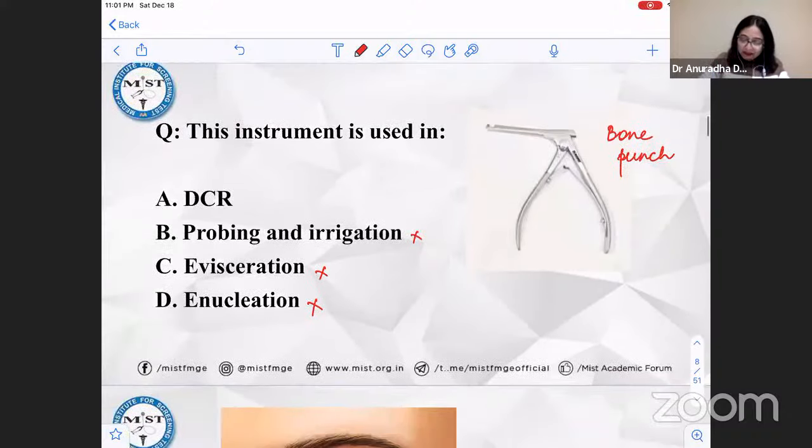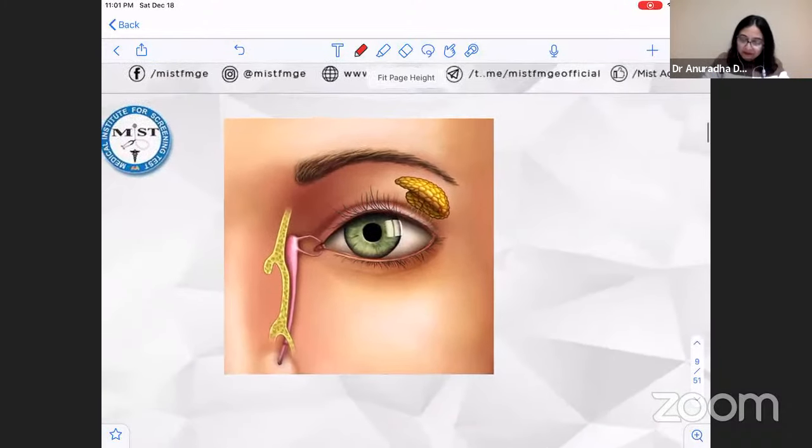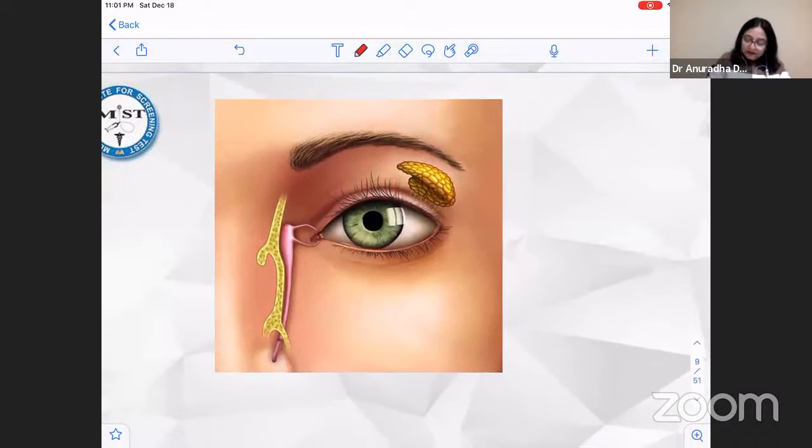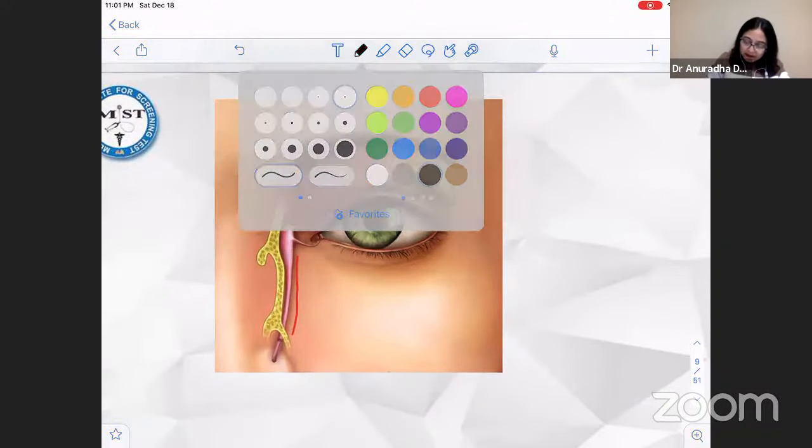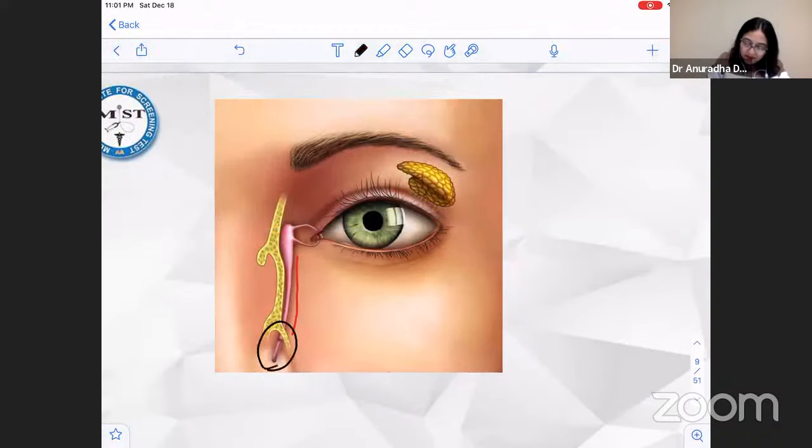So let me explain it a bit more with the help of this image. This is your NLD, the nasolacrimal duct. Normally, anatomically, the nasolacrimal duct opens into the inferior meatus of the nasal cavity. Now when there is obstruction of the nasolacrimal duct, there is infection of the lacrimal sac.